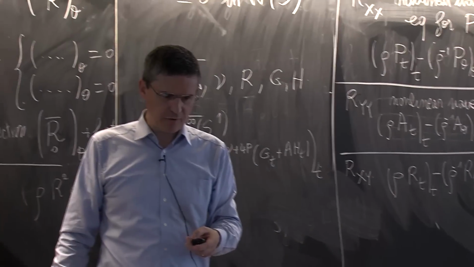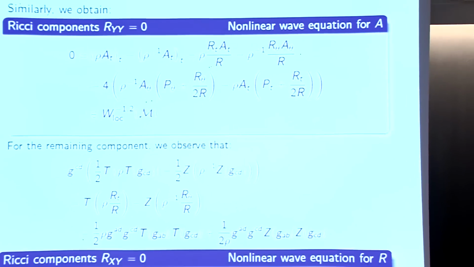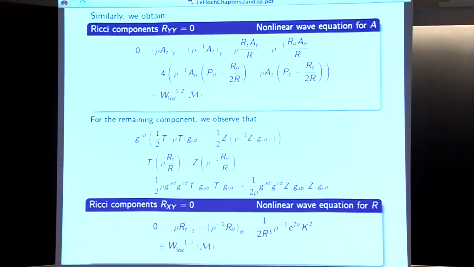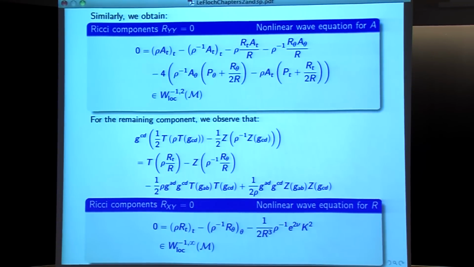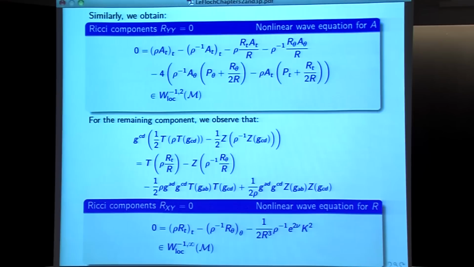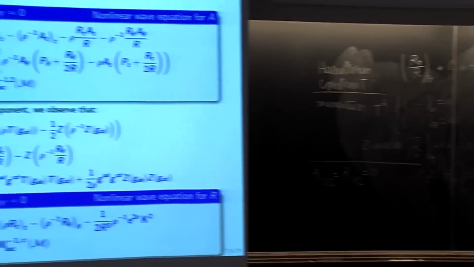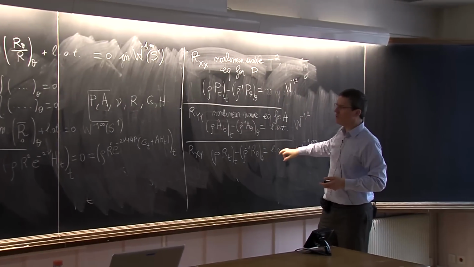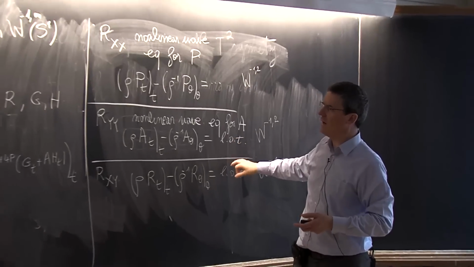This is basically the end of the derivation of the set of PDEs. There are a few more pages that would show you the details of the derivation of these final equations. Otherwise, we have the structure of the Einstein equations on the blackboard. We have nonlinear wave equations. There are a number of lower order terms that, of course, we cannot neglect.